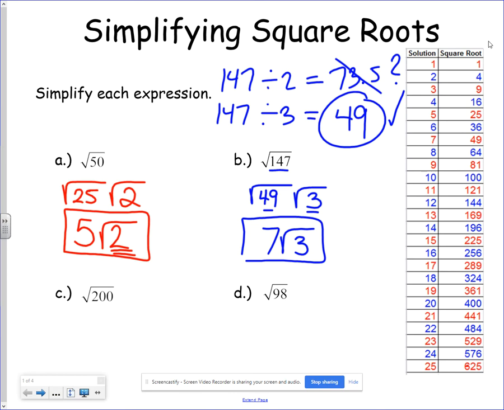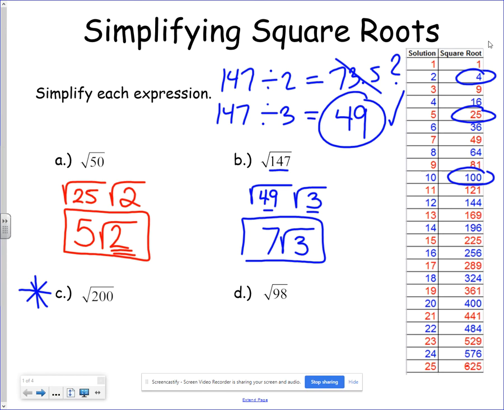Okay? All right, let's try C. Hopefully you're getting how to do these now. 200. Is 200 on my list? Is 200 a perfect square? It's not. So let's find a perfect square that divides into it. Well, 100 divides into it. 25 divides into it. 4 divides into it. Okay?